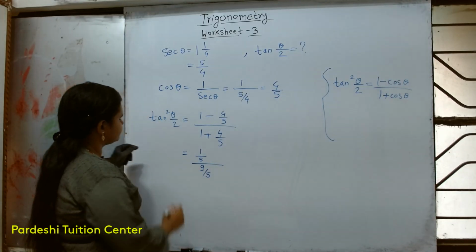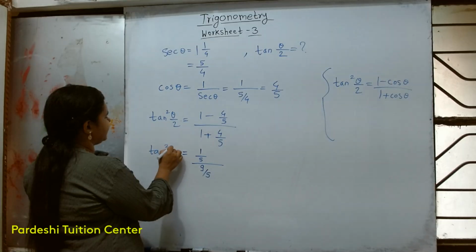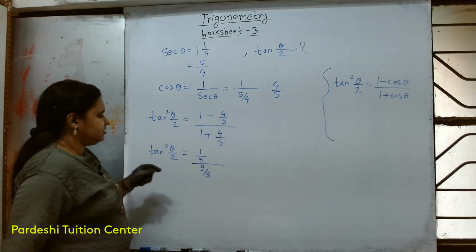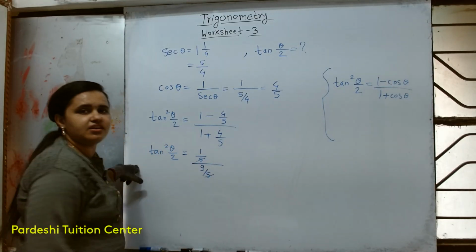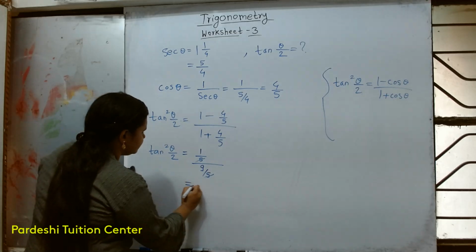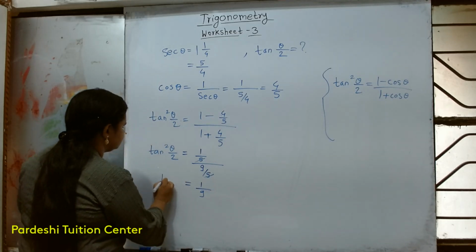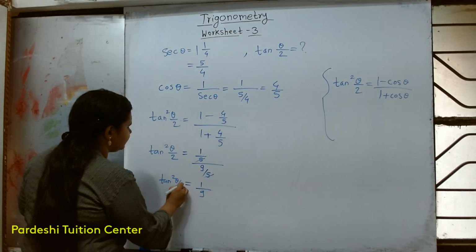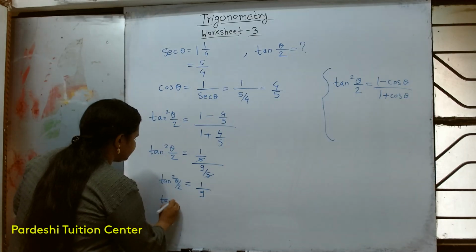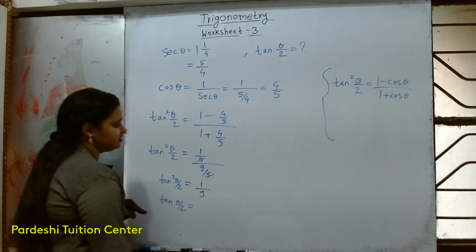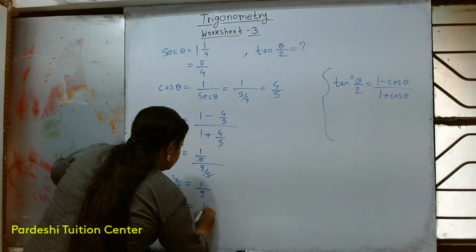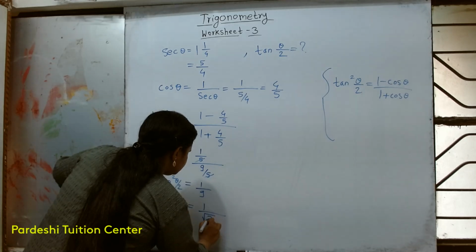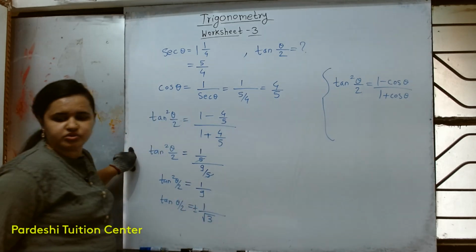But this is the value of tan square theta by 2. Now 5 will get cancelled. So we have got 1 by 9, but it is the value of tan square theta by 2. So by taking square root on both sides, what we will get? We will get the value as plus minus 1 by root 3.